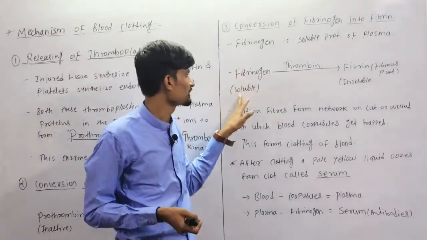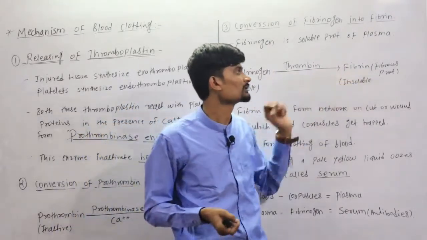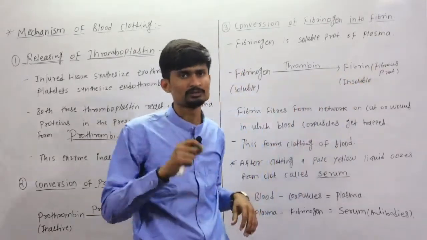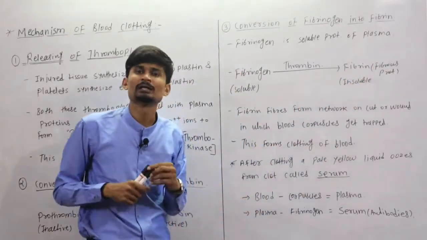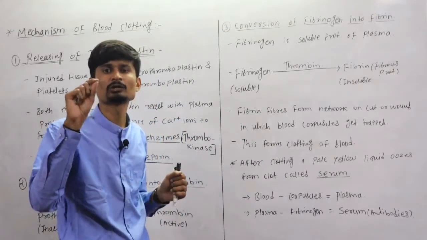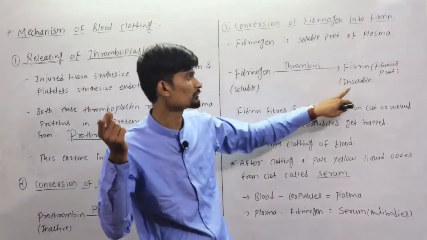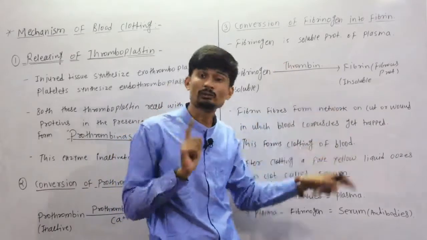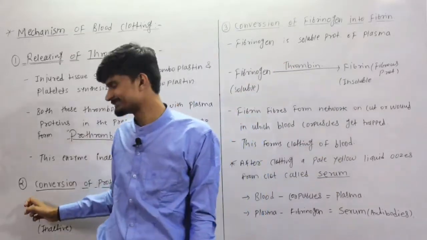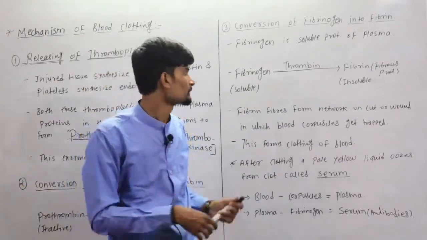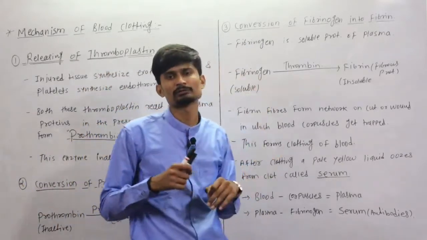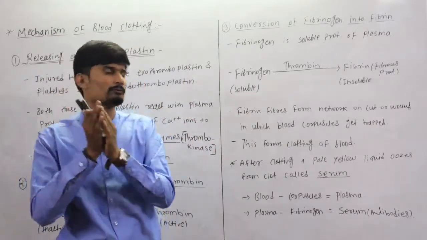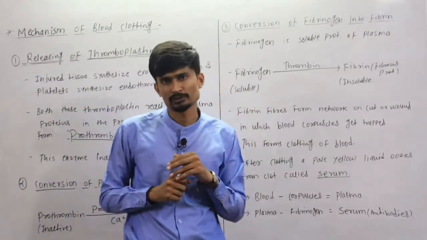So fibrinogen is soluble and fibrin is insoluble. Fibrin is a fibrous protein which is insoluble in the plasma, so it will form a clot due to the insolubility, and that reaction occurs in the presence of thrombin, which is formed in the second step. So soluble fibrinogen is converted into insoluble fibrin by the thrombin.